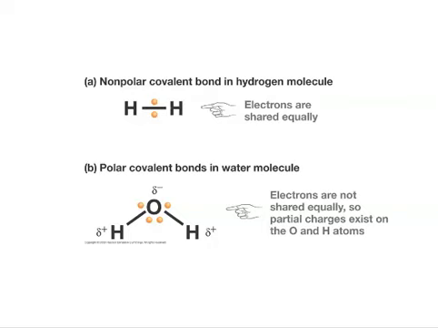Let's look at where they come from. Remember that within an atom, electrons are negative. They are negatively charged particles. So when an atom like oxygen pulls electrons up close to it, it's becoming slightly more negative because of its association with these negatively charged particles.